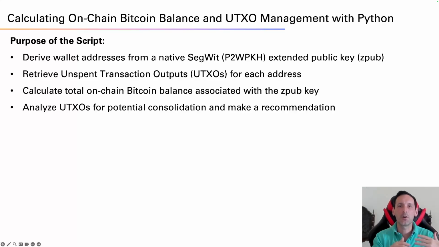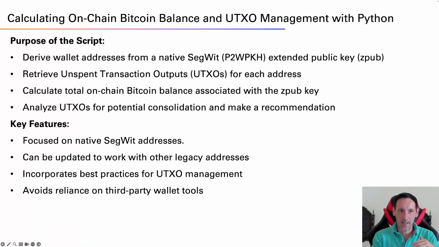I always had heard people talk about these things before, but I didn't really understand what they were. And now I do, because obviously I had to develop this code to actually look into the nitty gritty of Bitcoin addresses and UTXOs and what they are. So let's go further down.